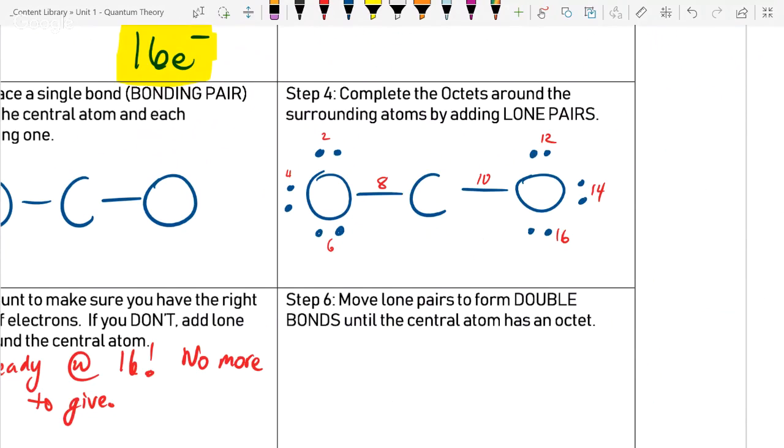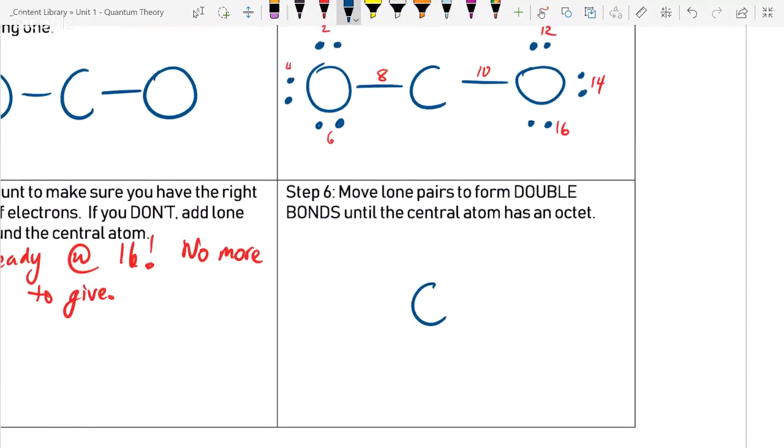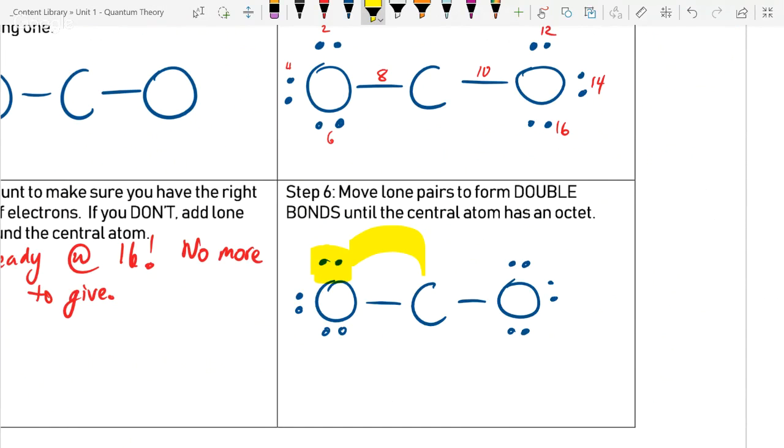So if that can't work, what could we do to make this? Well, what if this pair of electrons was shared with carbon? And what if this oxygen also took this pair?